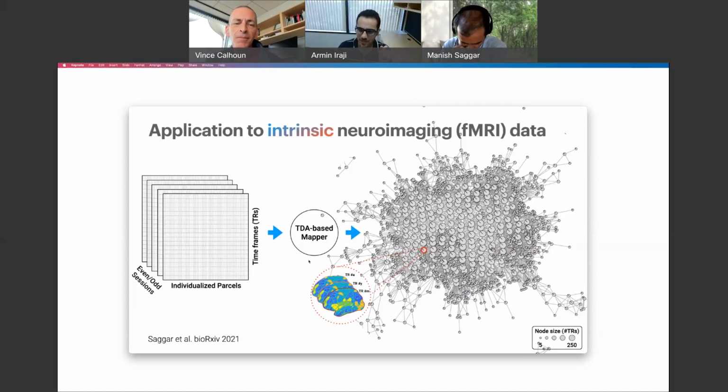So the thing is, rather than working with activations, we look at the phase difference, and we look at the cosine of phase difference, which is basically phase locking. What you do is extract the leading eigenvectors for each TR, and there's a whole bunch of things we can do on that. One of them, obviously, is k-means clustering, but then you can look at what's happening in each individual subject.